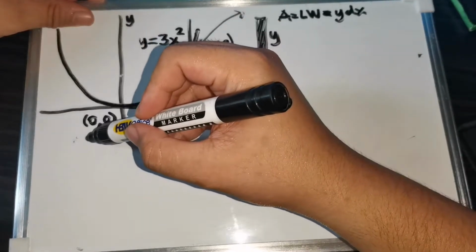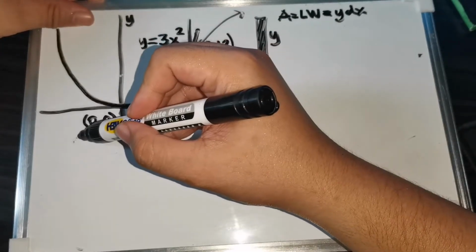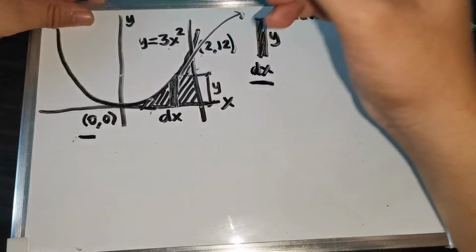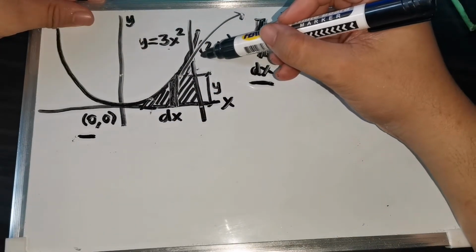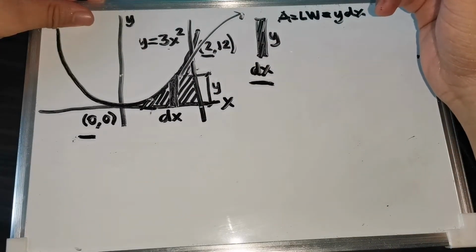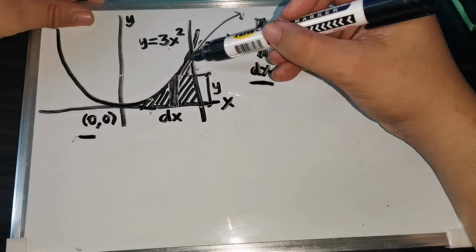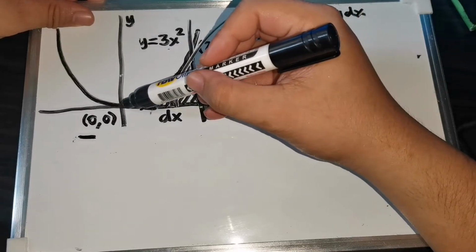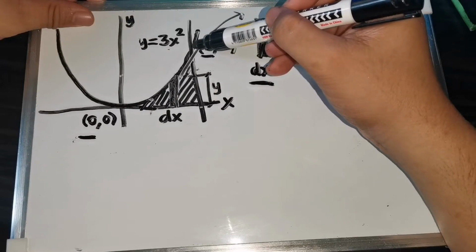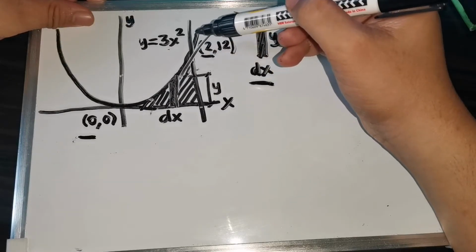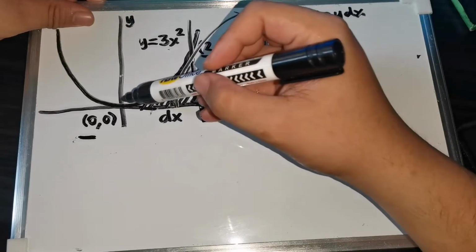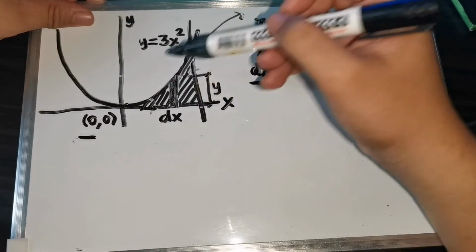Since we start here from 0, 0, we consider 0 as the lower limit and 2 as the upper limit, because we consider this portion from 0 to 2. So we cut the graph from 0 to 2.